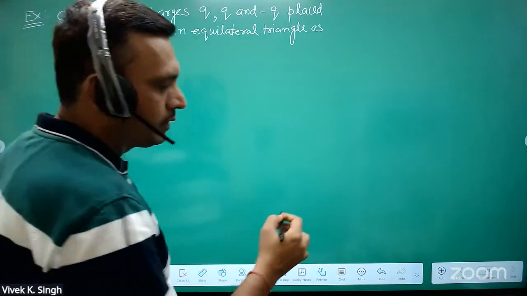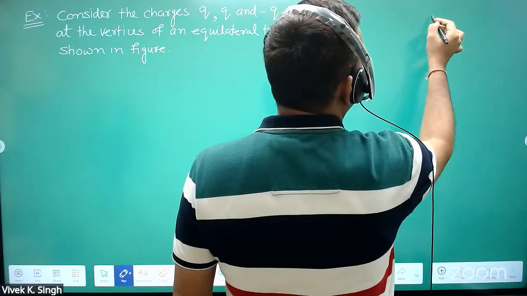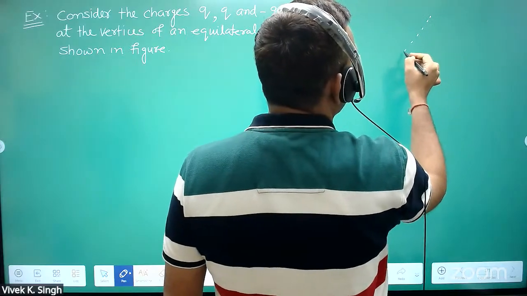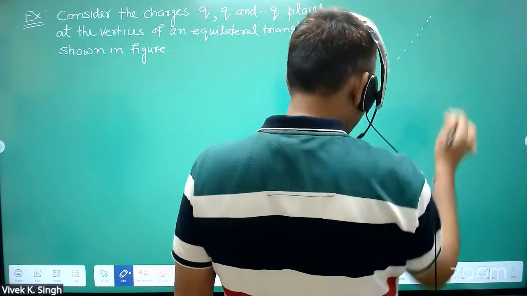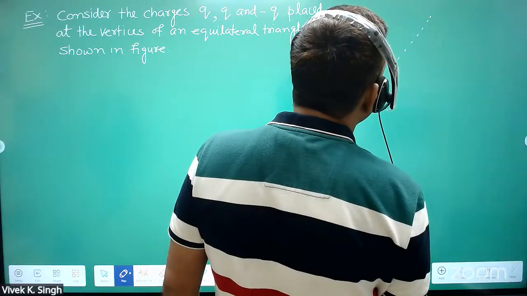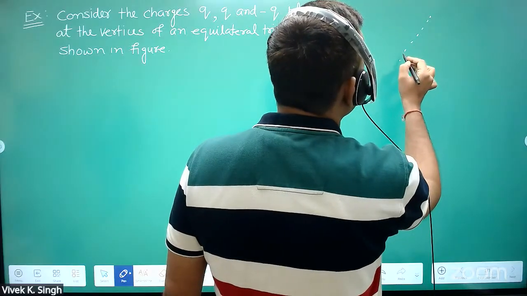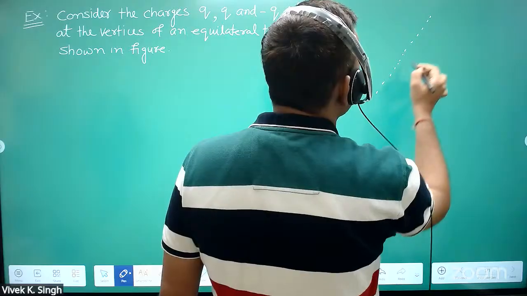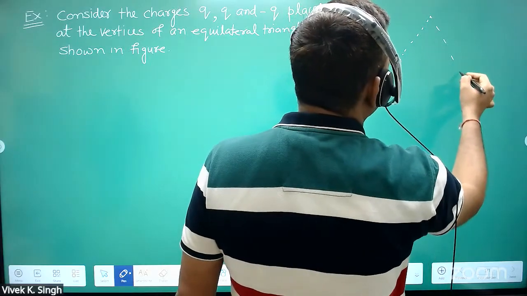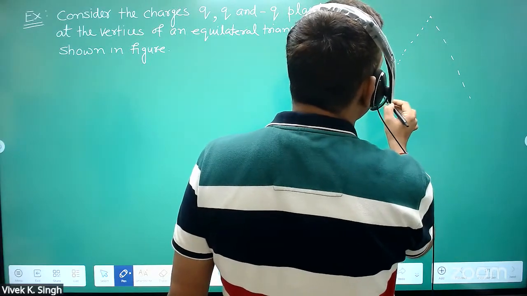So let us consider that you have an equilateral triangle. This is an equilateral triangle.